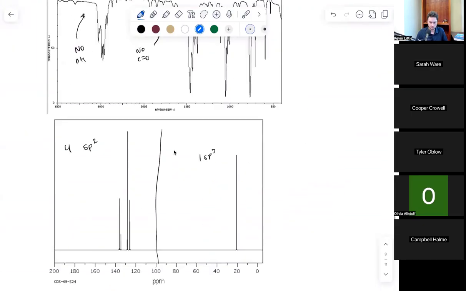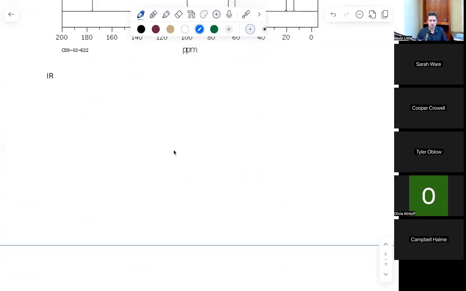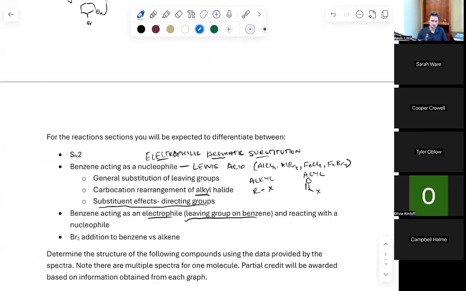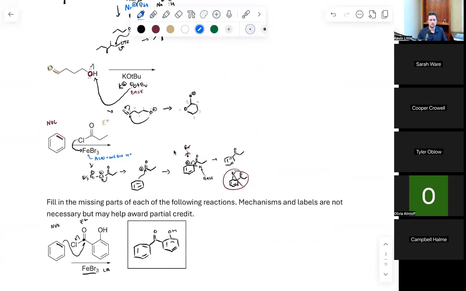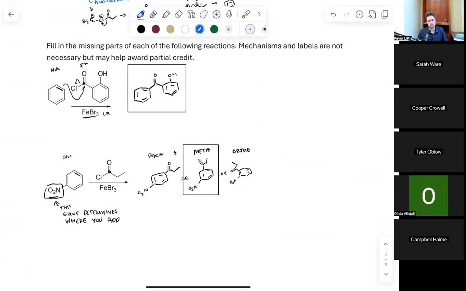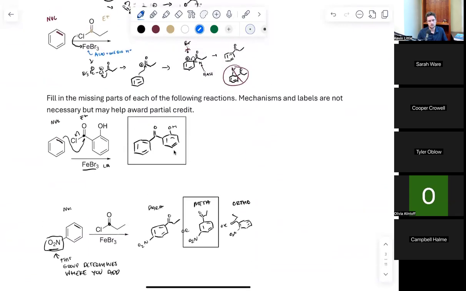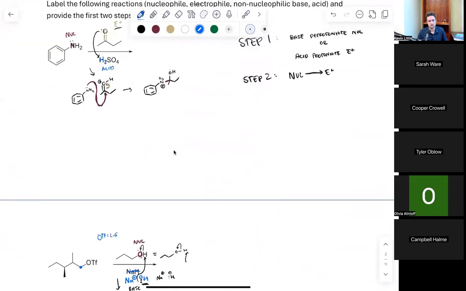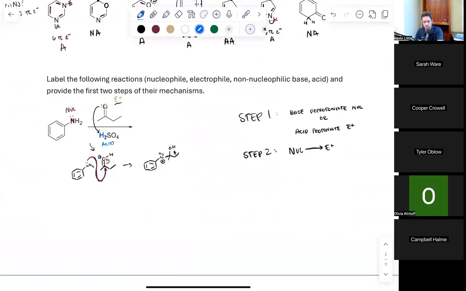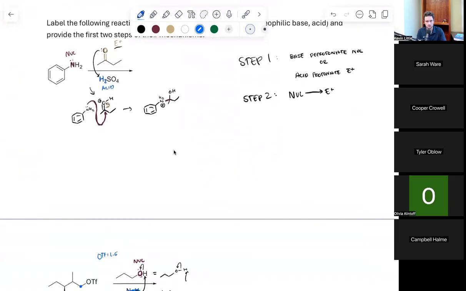If you guys have any more questions about this material, the test is going to look like this. There's also a chance that I throw in, to be honest, for these mechanism ones, there's a couple things that I might do on the test that are a little bit different from this.